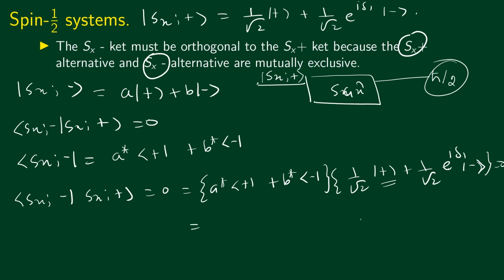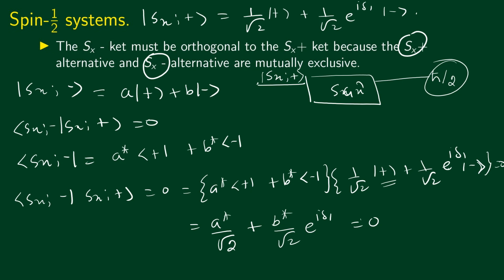I can take the first term, and the only non-zero combination here is A star from here and 1 by root 2 from here: A star divided by root 2 times bra plus ket plus, which is 1, plus the other combination, A star bra plus ket minus, which is 0 by orthogonality, plus B star divided by root 2 e raised to I delta 1, is equal to 0.